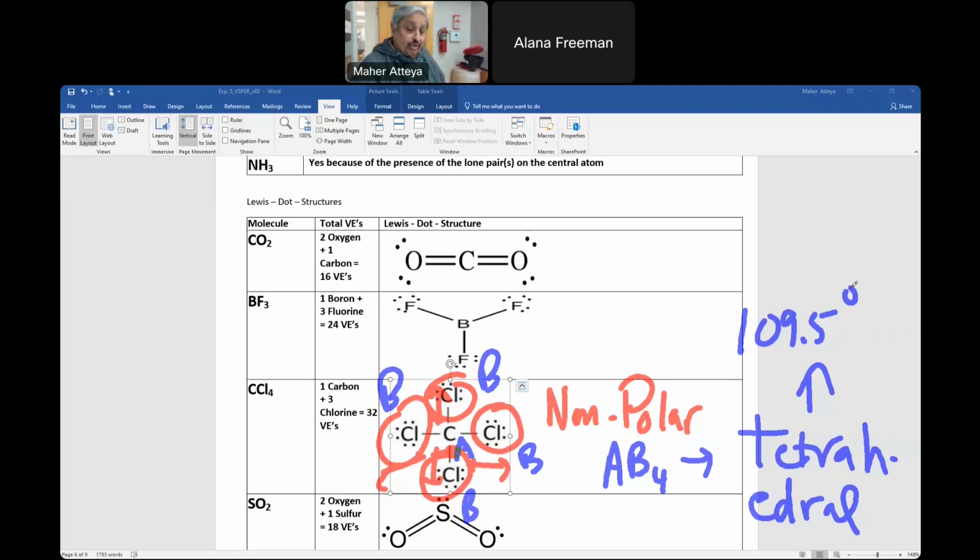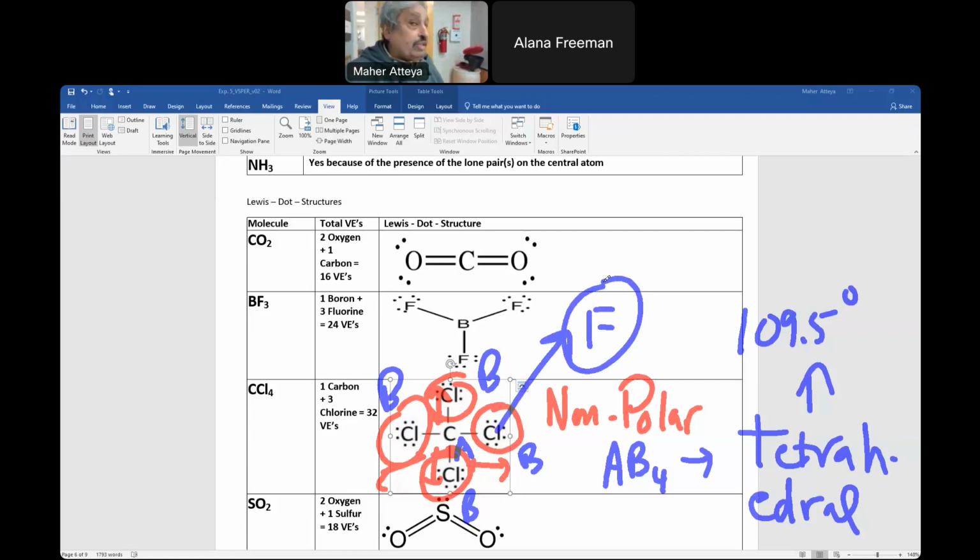Now, if I change one of those here, say I change it to fluorine, what will happen? Everything is the same, but the polarity will be what? It will be polar, correct? Because they are not the same. Three are chlorine and one is fluorine. There is a difference.